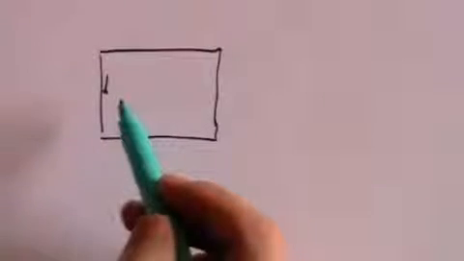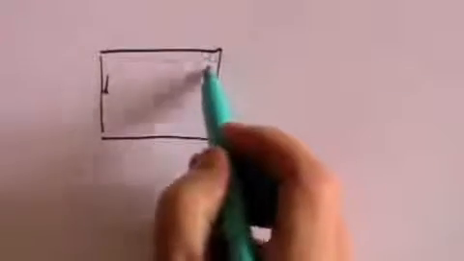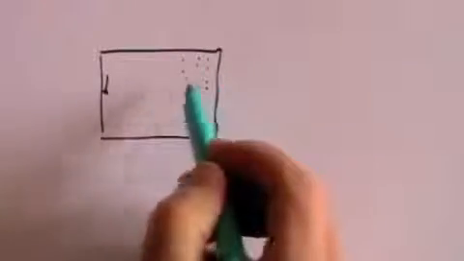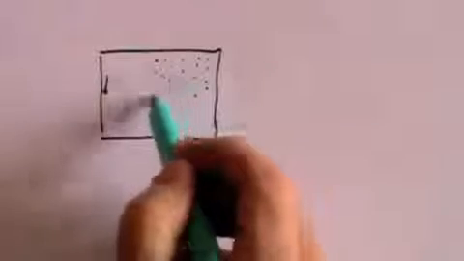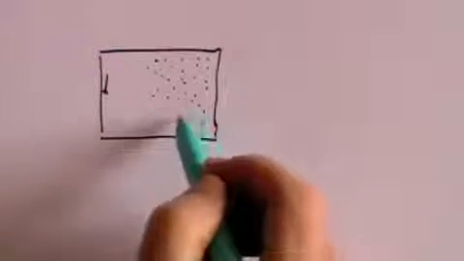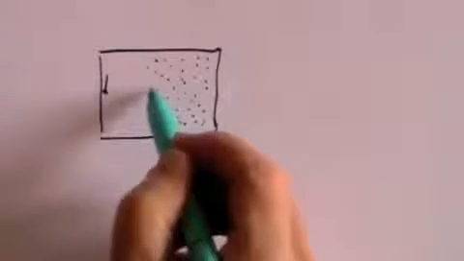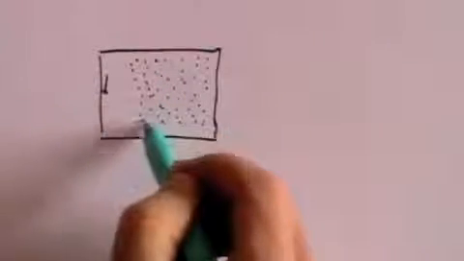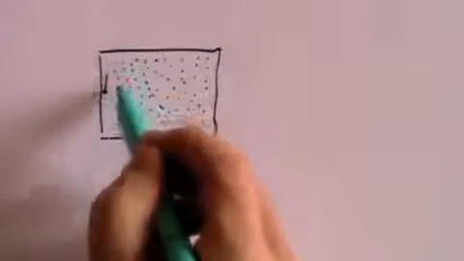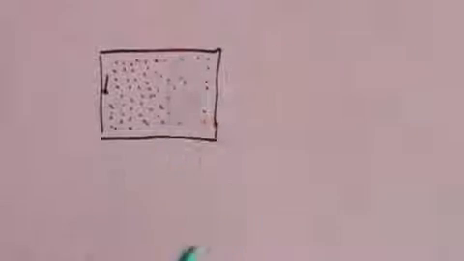What you could do is to take this thermometer and measure the temperature at every single point in the room. And for every point in the room, you would have a separate temperature. And that list of numbers, which would represent the temperature at every point, is known as the temperature field.